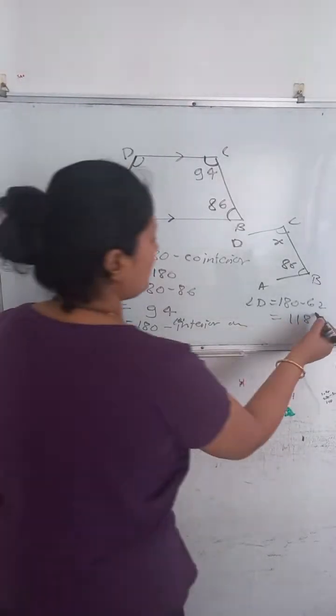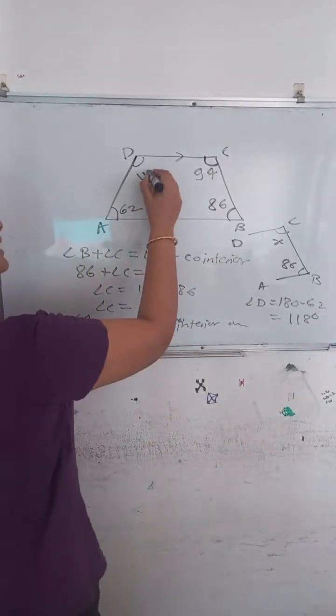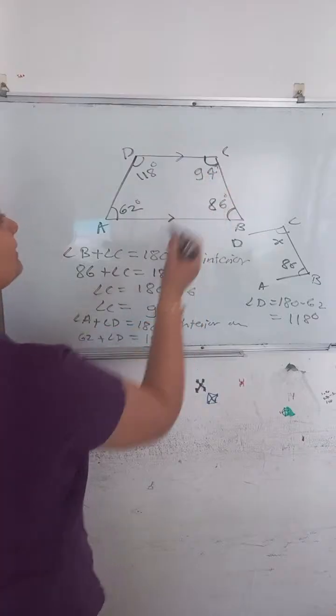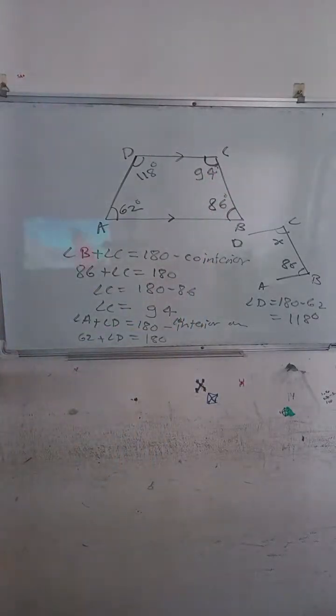So here angle D is 118 degrees, and angle C is 94 degrees. Understood up to here? So this is a 3-mark question.